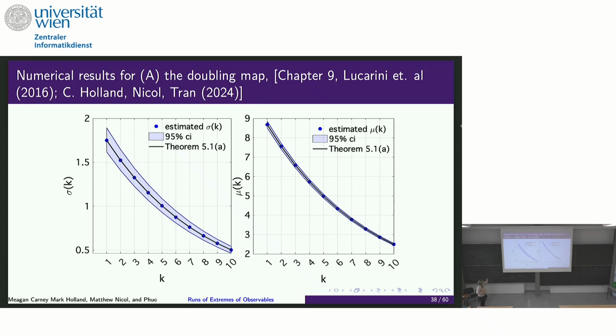So this is an example for the doubling map. Our expectation from our theorem is given in black line, and the estimate from just maximum likelihood estimation for the location and scale are given with blue dots, and the 95% confidence interval is here.